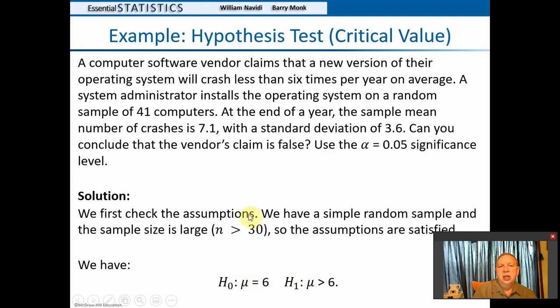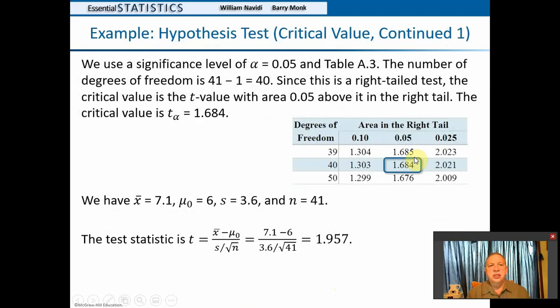Their statement is less than or equal to 6, and here's greater than 6. It's actually less than 6 times, but we're going to use the 6, so that covers everything. H0 goes with the equality, mu less than or equal to 6, versus the alternate, mu greater than 6, a right-tail test. n is greater than 30, so we can continue with the test.